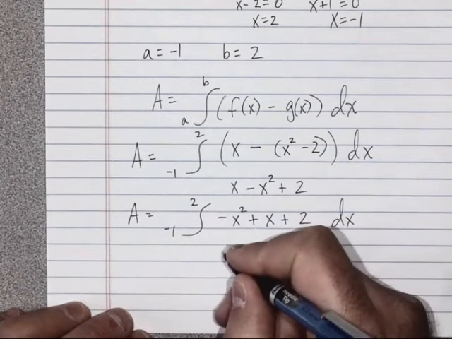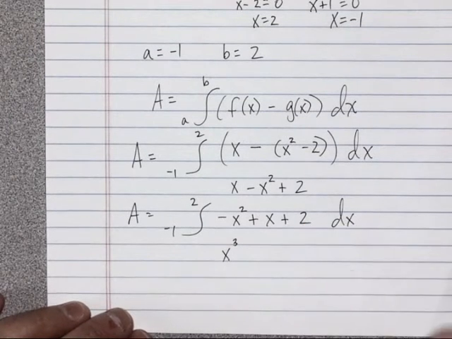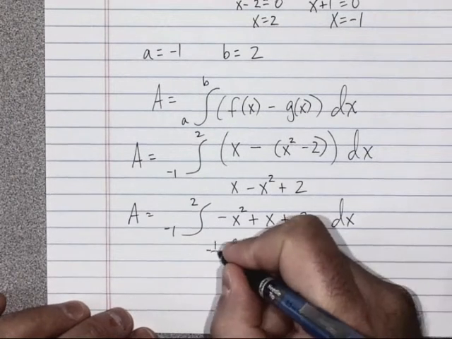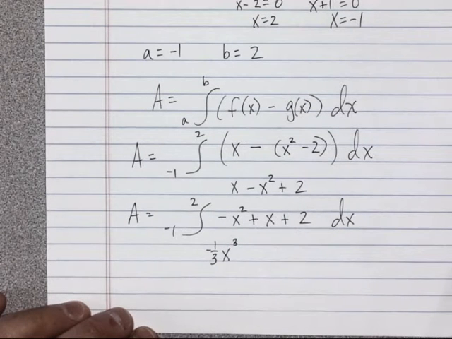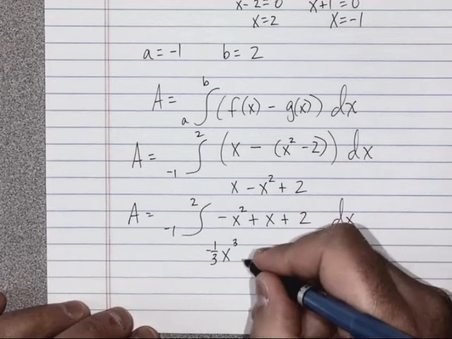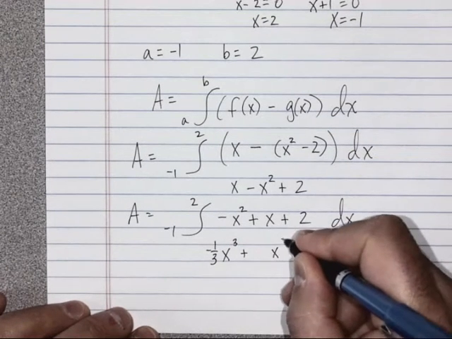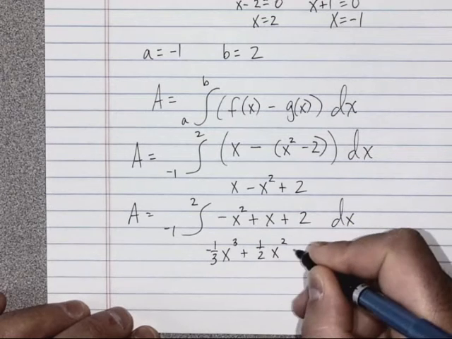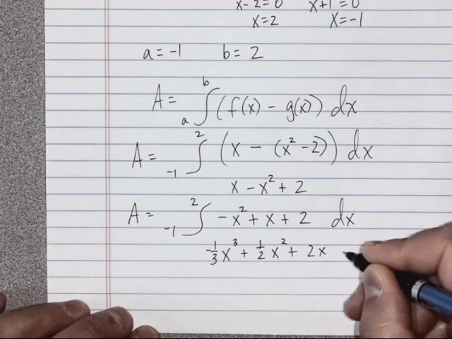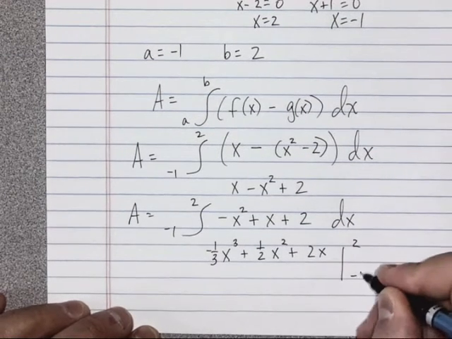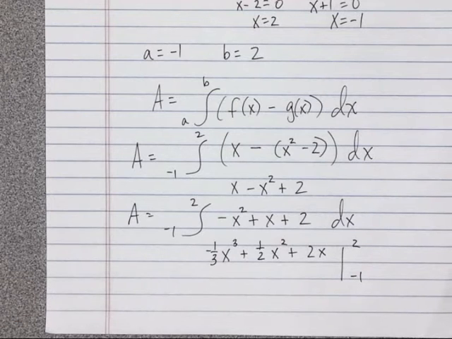So we're going to add 1 to the exponent and then divide that by the coefficient. So we get negative 1/3 x cubed plus 1/2 x squared plus 2x, and of course that's getting evaluated from 2 to negative 1.